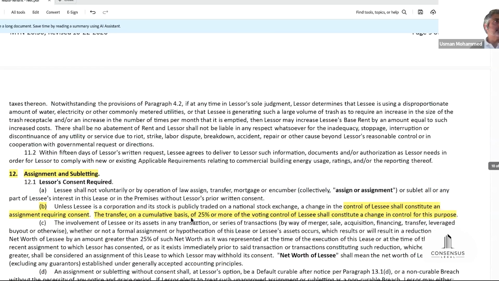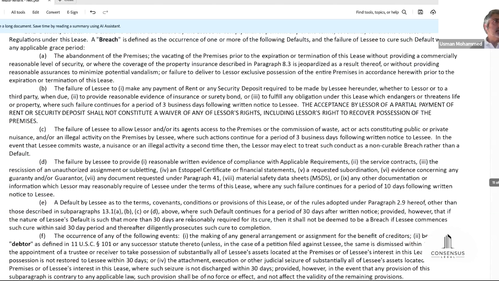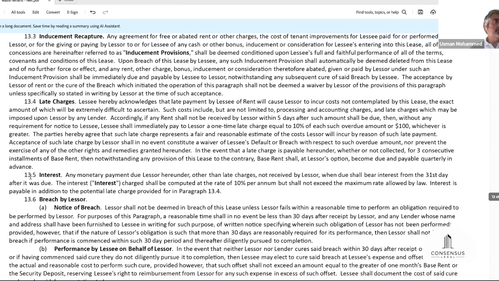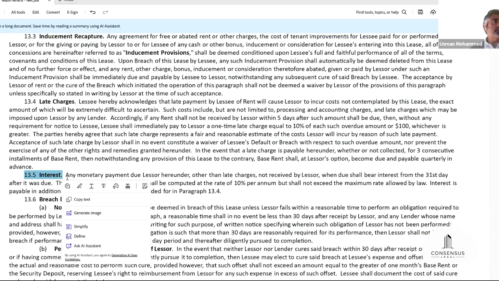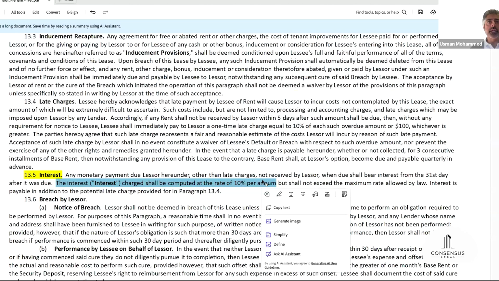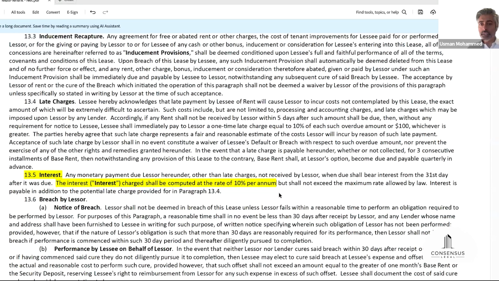Scrolling down, paragraph 13, here it is, 13.5, interest. And the defined term interest is 10% per annum. I hope that answers your question.